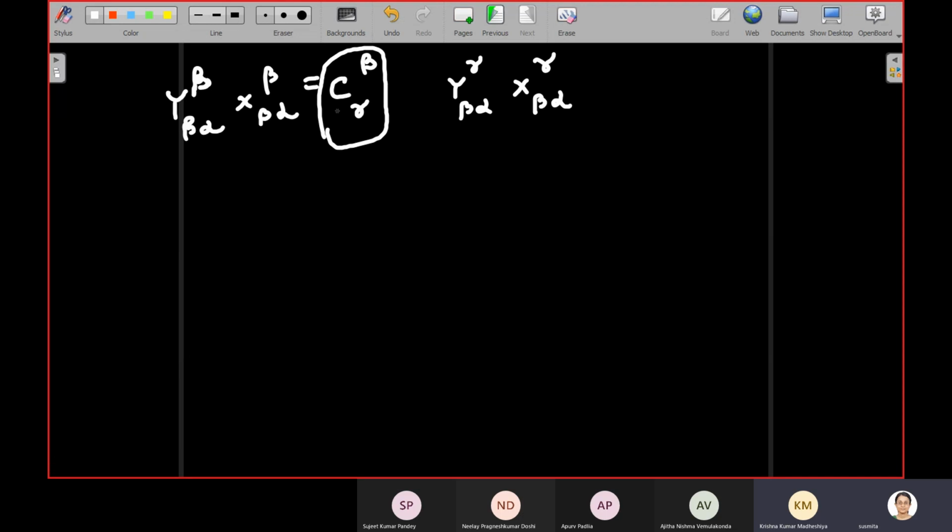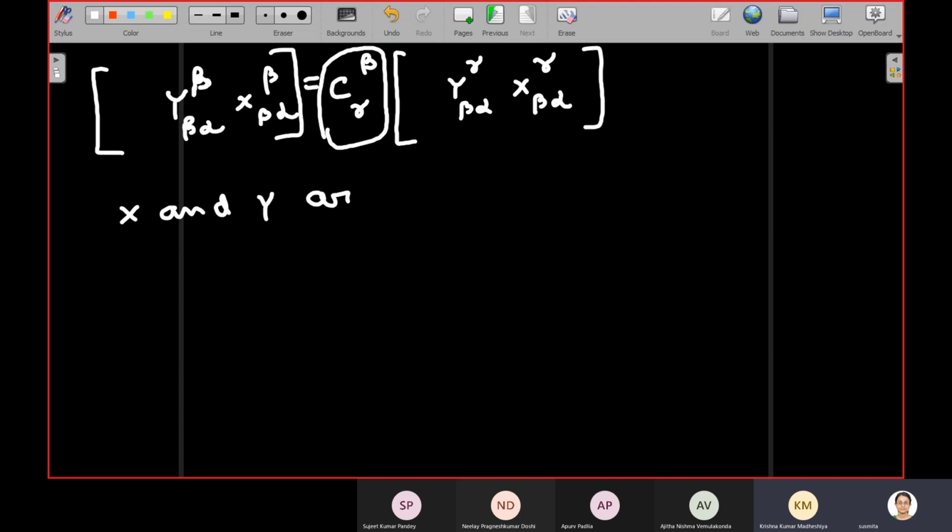So this is also an exercise for you. You should think how we can find it. So x and y are two non-collinear vectors. Okay? They are not parallel vectors. Two non-collinear vectors.